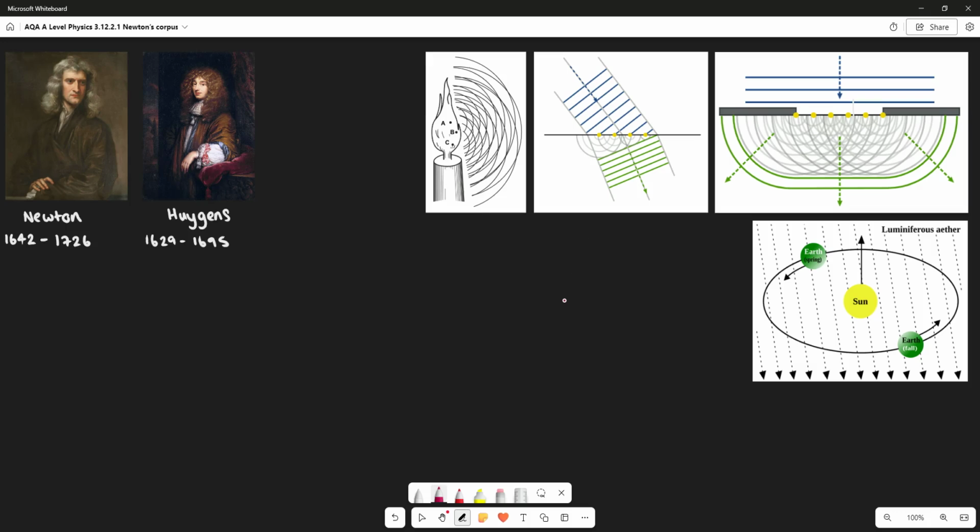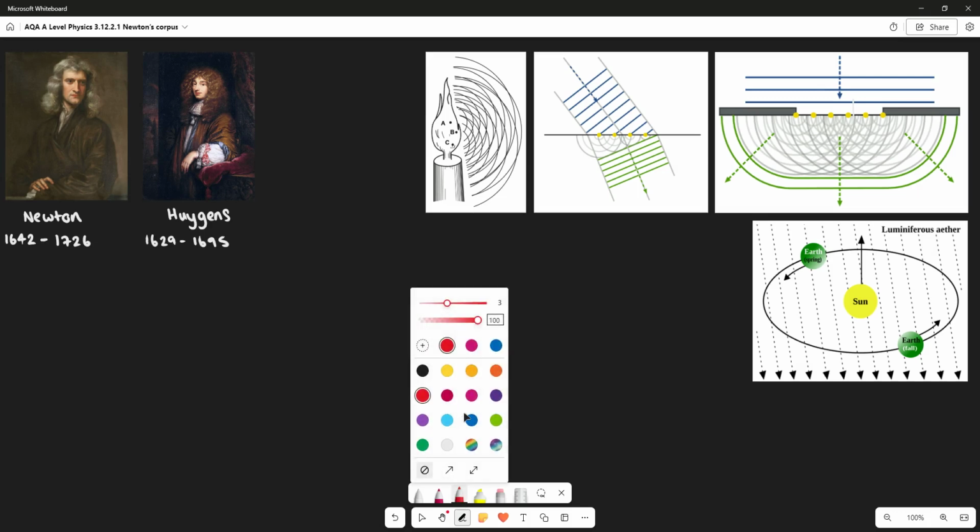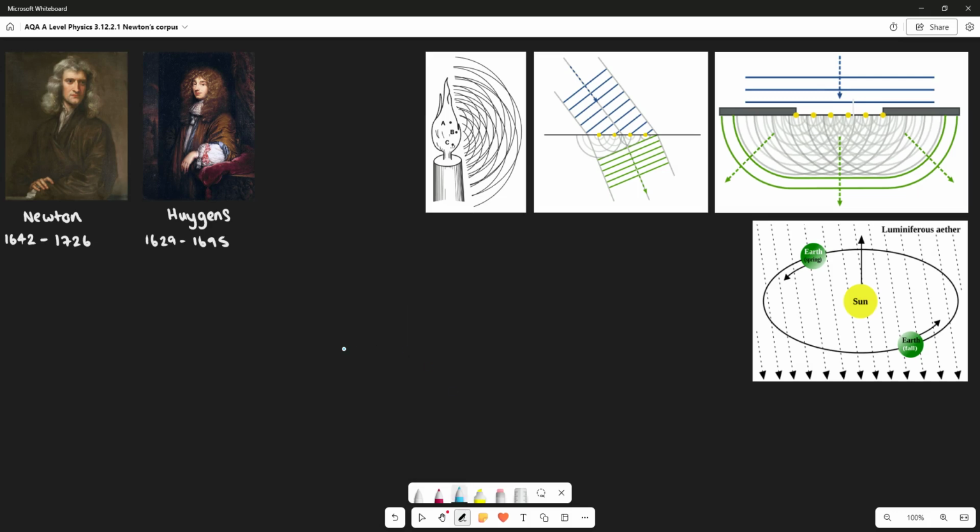Huygens was able to explain reflection in a very similar way. Here is the mirror surface, and here are the wavefronts approaching the mirror. And what they do is when a point arrives at the mirror, instead of the wave propagating further into the material, it is reflected from the surface.